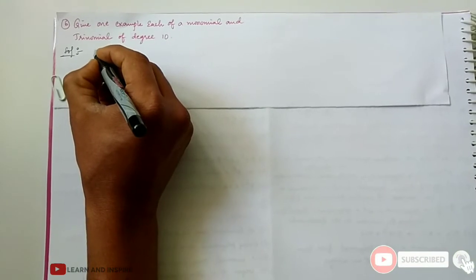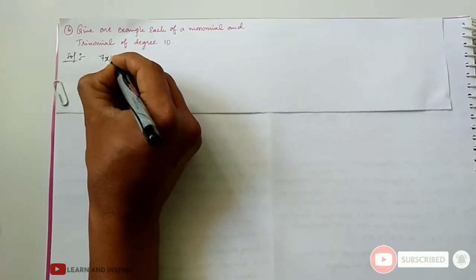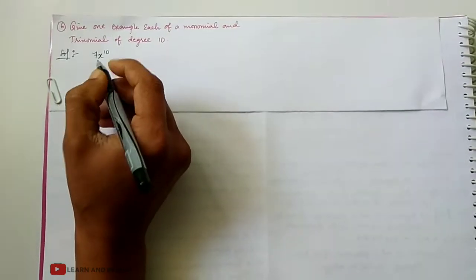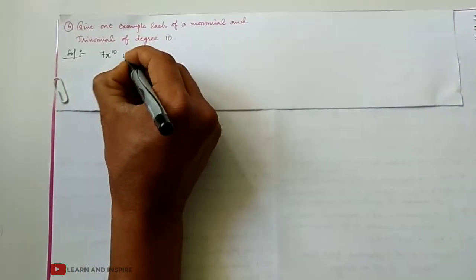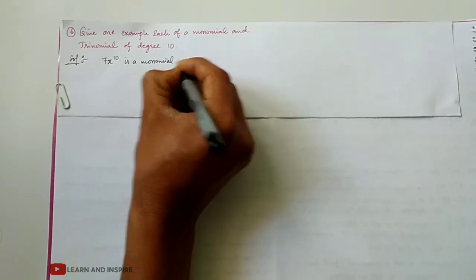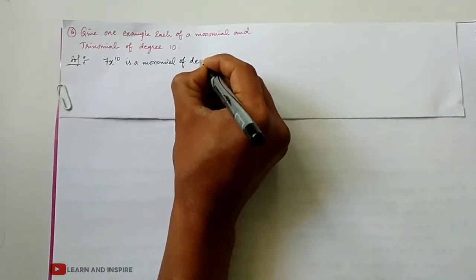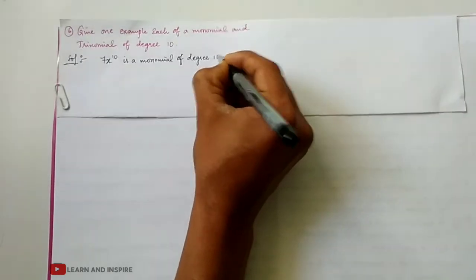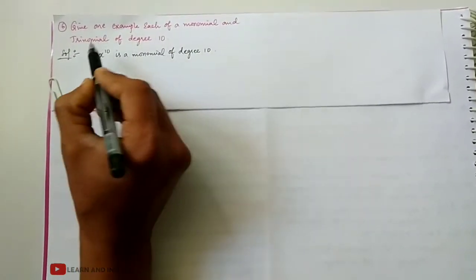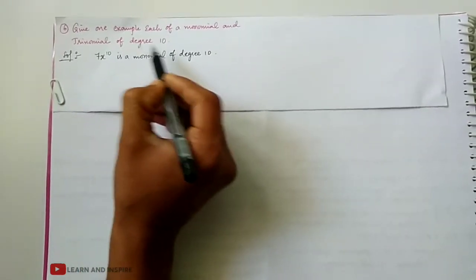So I write 7x power 10. So 7x power 10 is a single term, which is a monomial of degree 10.